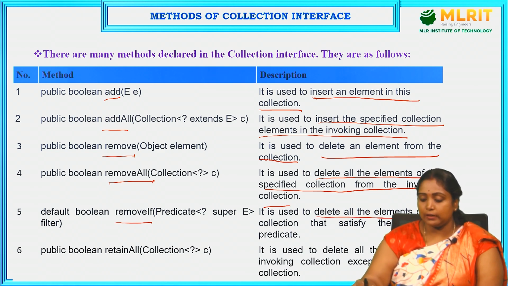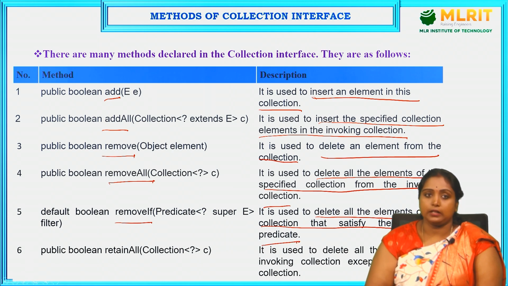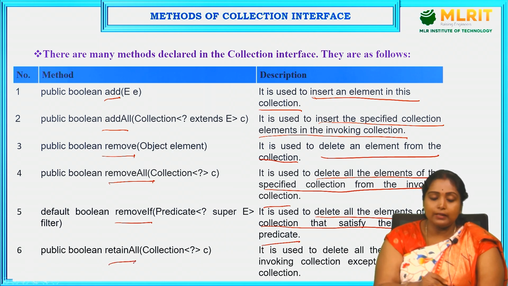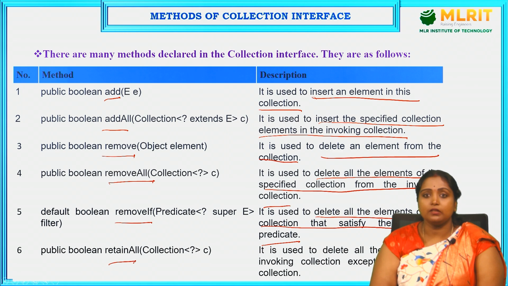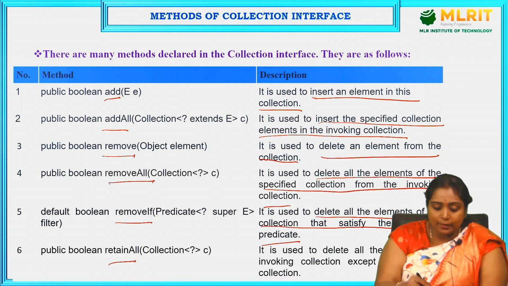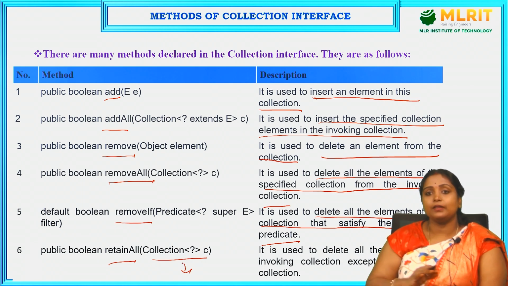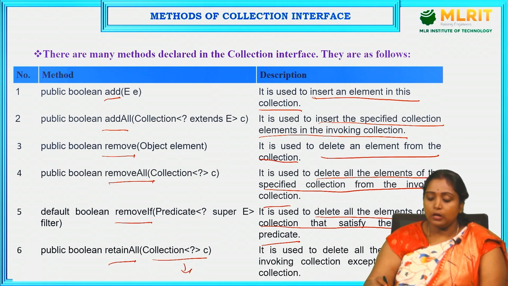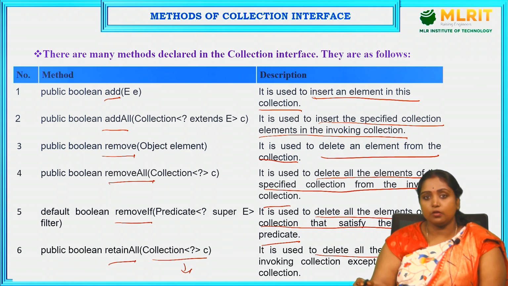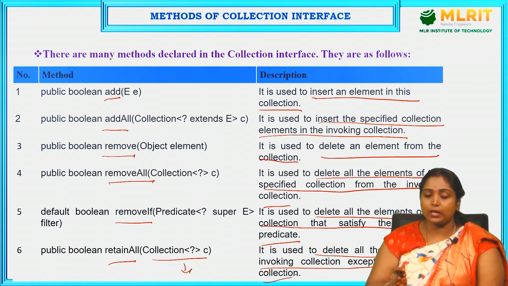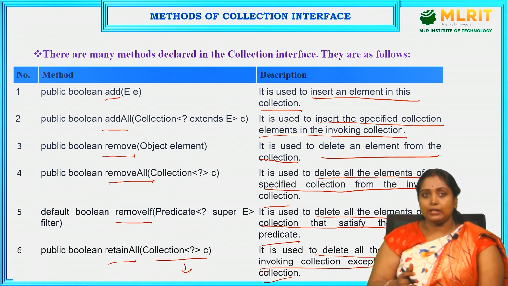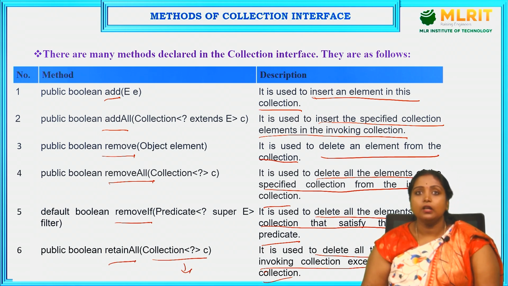It deletes all the elements of the collection that satisfy the specified predicate. And retainAll is a method used to delete the elements of the invoking collection except the specified collection. Except for that specified collection, the remaining elements will be deleted from the collection.